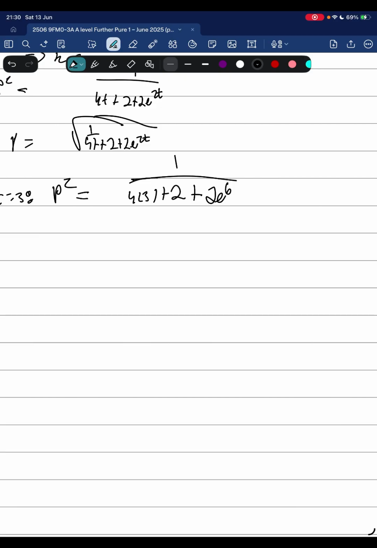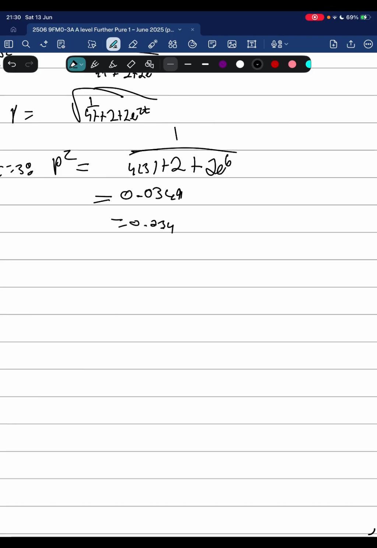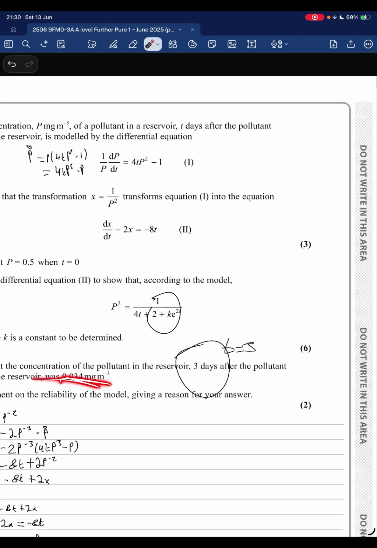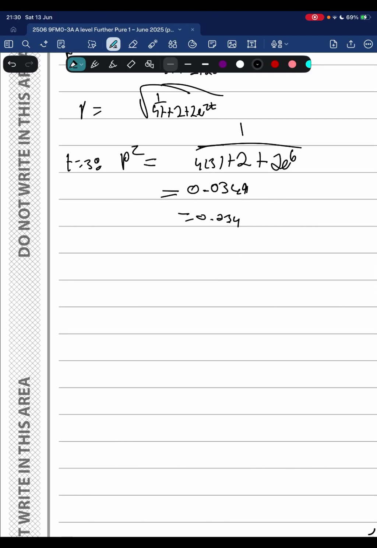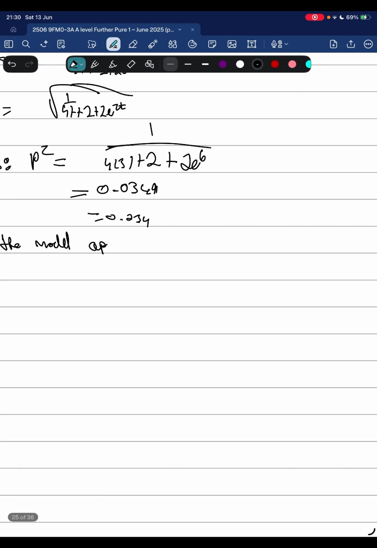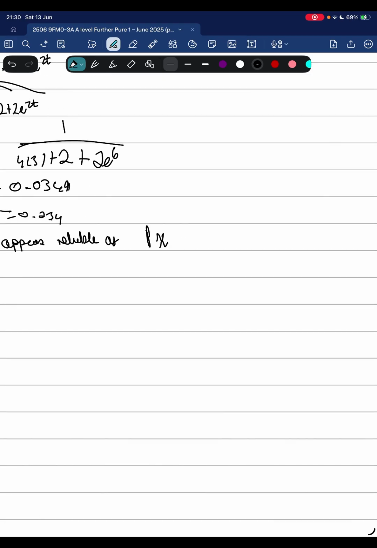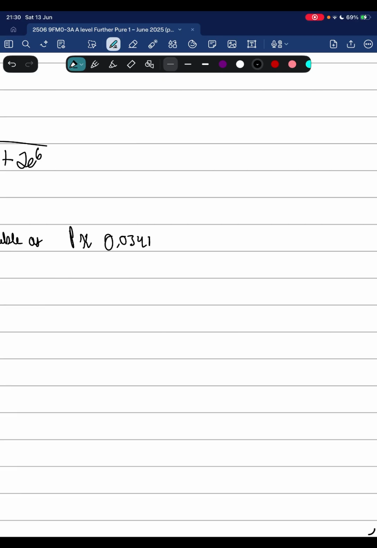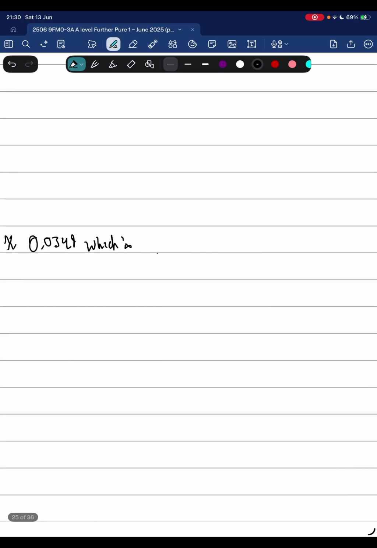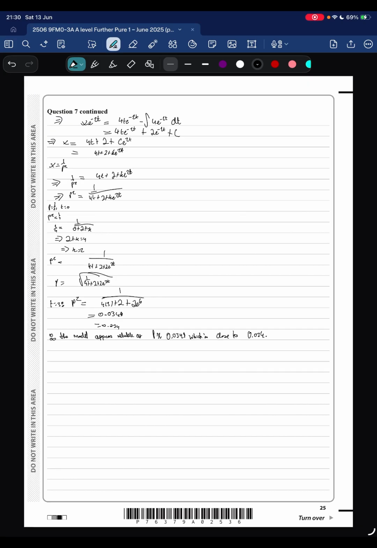And we square root that, we get 0.0349. And now they predict this, which is the same thing. Therefore, the model appears reliable, as p approximates to 0.0349, which is close to 0.034, which is what they gave us in the question, right?